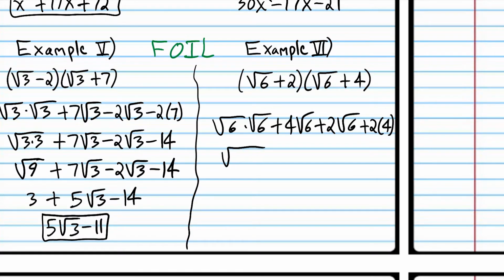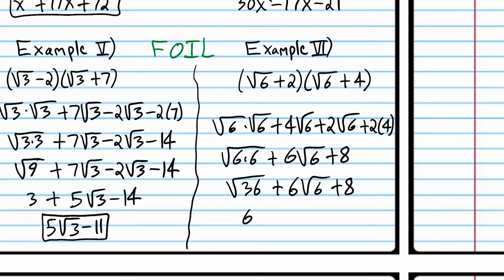So now we change that to root 6 times 6. And then I'm going to just go ahead and combine those. And we have 8. And then that would be root 36, which is 6. And then we're ready to add the 6 and the 8.